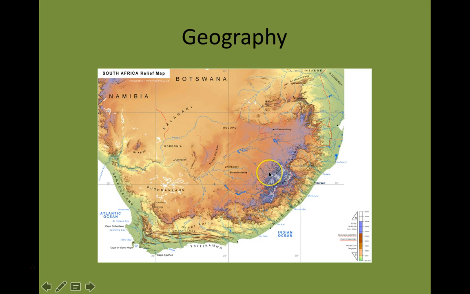The other river that's of tremendous importance, in fact the longest river in South Africa, is the Orange River, which flows out of the Drakensberg Escarpment here, and then all the way through this desert region over here into the Atlantic on the west coast of South Africa, and in fact forms the boundary between modern-day Namibia and South Africa. So those three rivers are important. There are a number of other rivers down here in the Cape region and other places that obviously are important for agriculture and transportation and things like this as well.